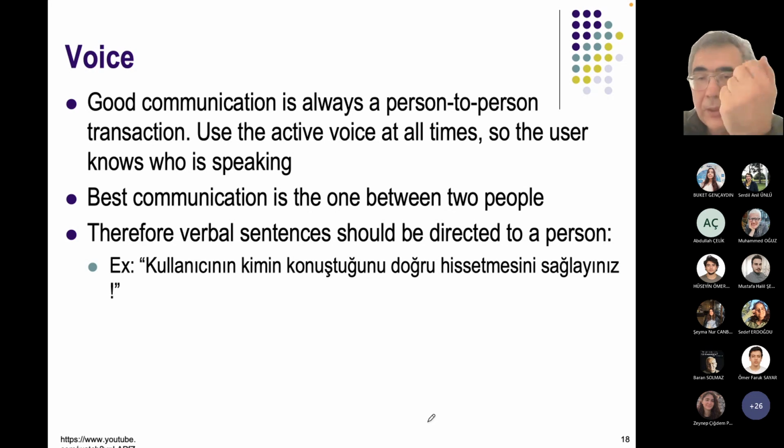So the best communication is between the person and the other person. So each side knows each other, for example, Hüseyin, Baran, Serdil, Şeyma, Enis, Mehmet, Berkcan, Doğukan, Sedef, etc.